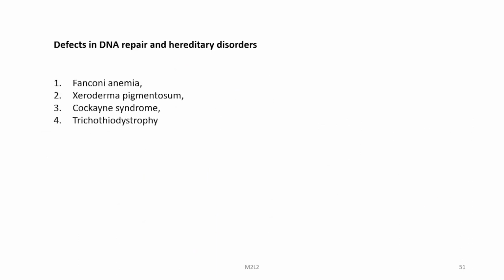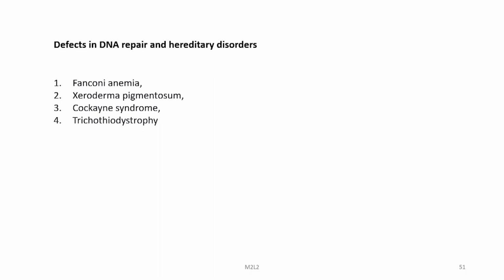What happens if there are defects in DNA repair and all the 7 different DNA repair mechanisms fail to operate? This will lead to various kinds of genetic diseases, as told in the beginning of these lectures.